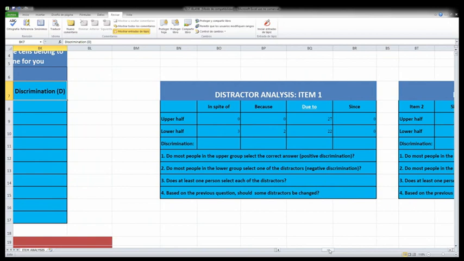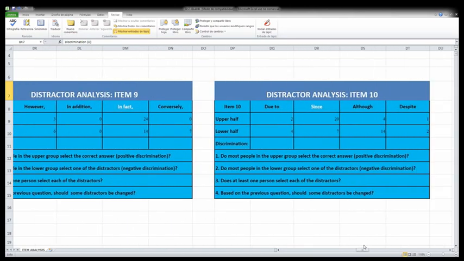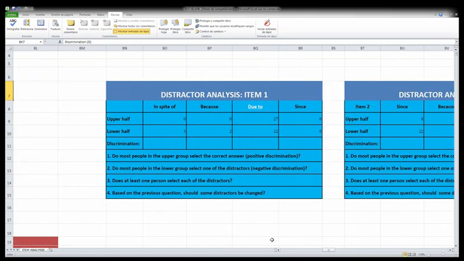So we have all of the items here: 1, 2, 3, 4, 5, 6, 7, 8, 9, 10, right? And for each of the items, we have already entered the number of people who selected the different options. Okay, this part I already did for you as well. So here we have the distractors, like in item number 1: in spite of, because, due to, and since.